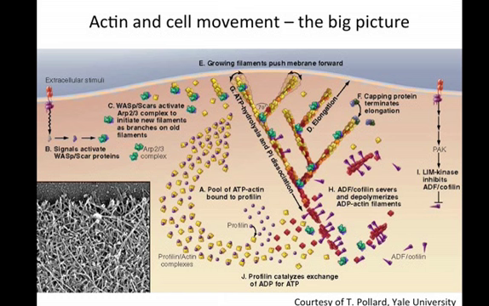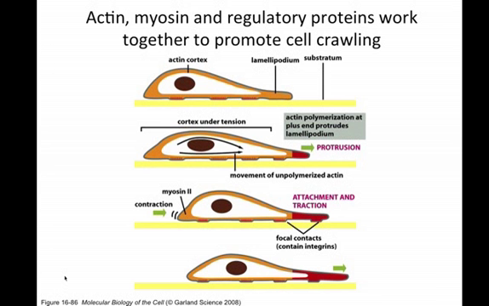So that's why it's shaped like an arrow, because it's disassembling back here, and then it's coming up here, and that growth at the leading edge, at the plus end, is moving the cell forward. Okay, so actin, myosin, and all these regulatory proteins are working together to promote cell movement.